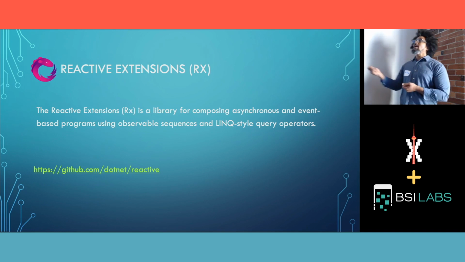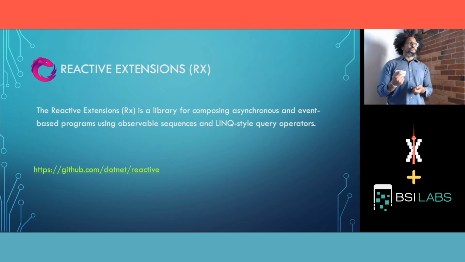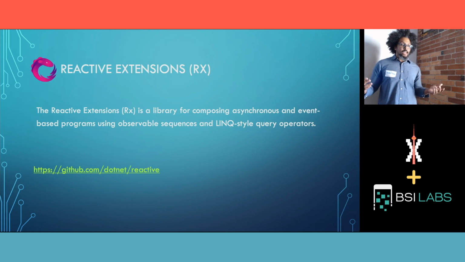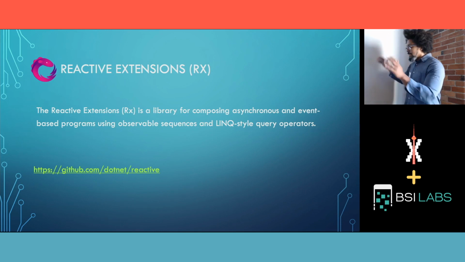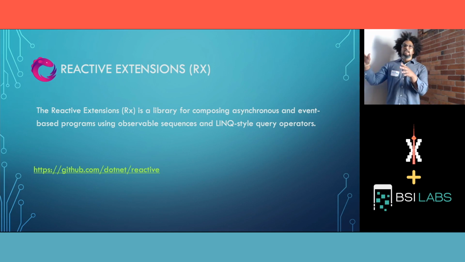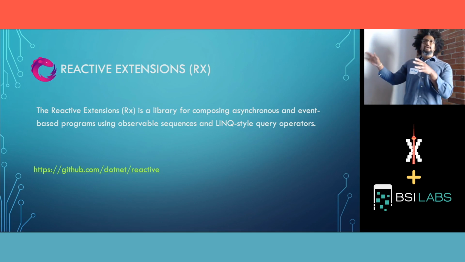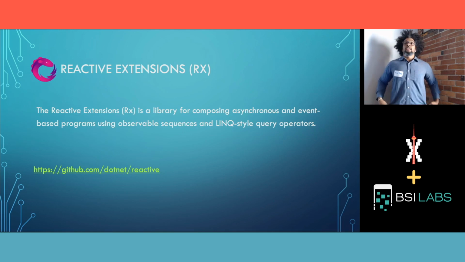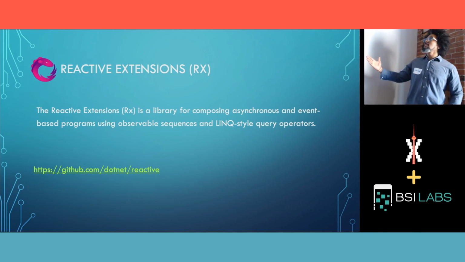But this is another way that you can create asynchronous calls. It's amazing that this started in .NET back in 1998, if I'm not wrong, and we barely use it. There are not many developers in the .NET community that use Reactive Extensions.